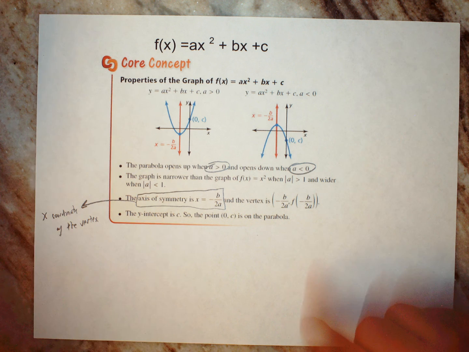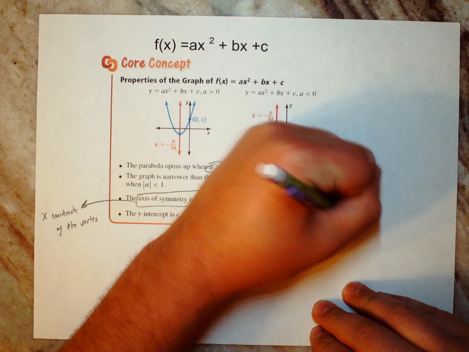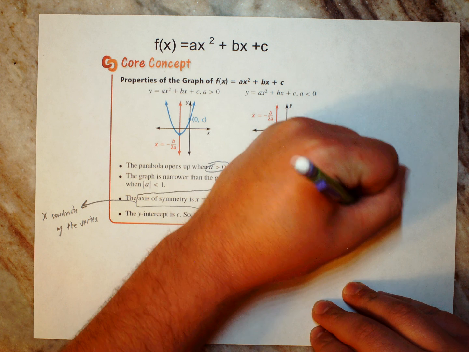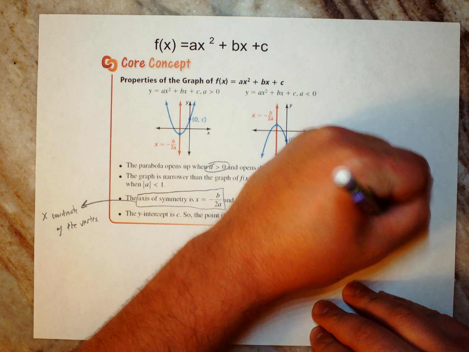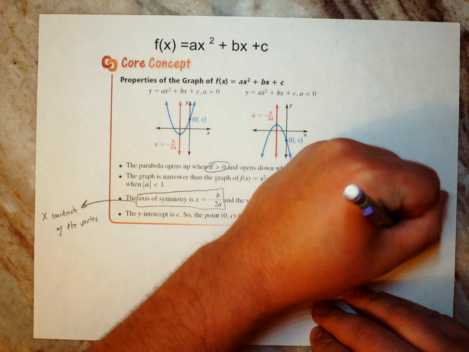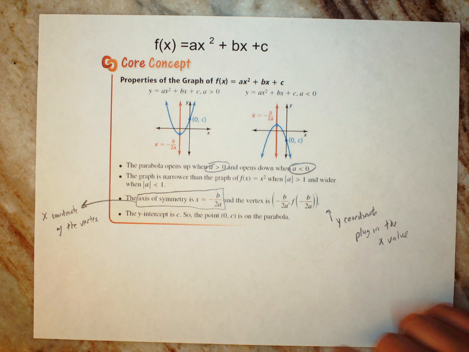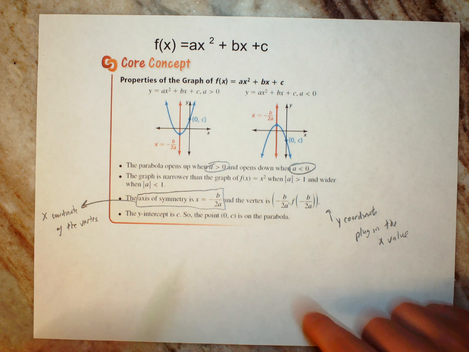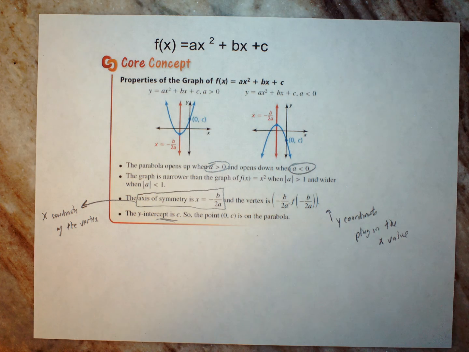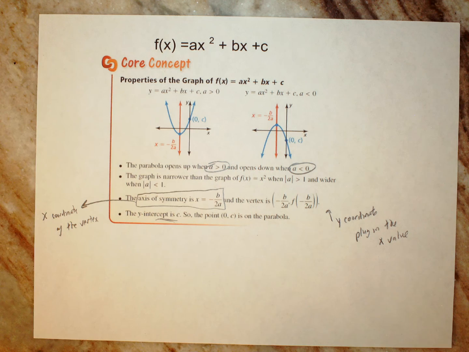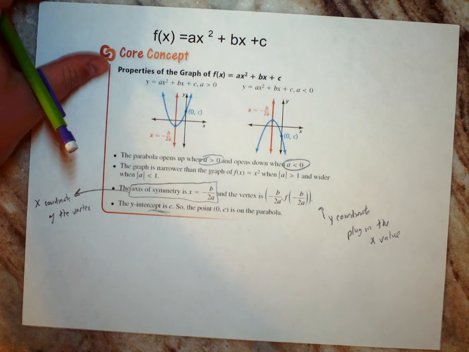And to get the y coordinate, you plug in the x value. So to get the y coordinate, you plug in the x value, and the y-intercept is c. So we're going to have to do a little work for these examples. But if you need to copy those notes, just pause the video.